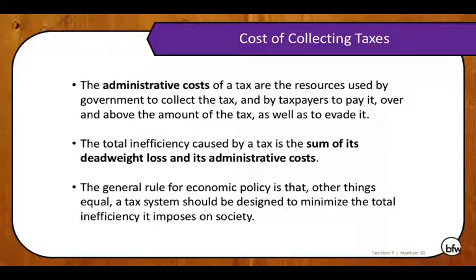So the total inefficiency caused by a tax is the sum of its deadweight loss and its administrative costs. The general rule for economic policy is that, other things equal, a tax system imposed by a government should be designed to minimize the total inefficiency it imposes on society.